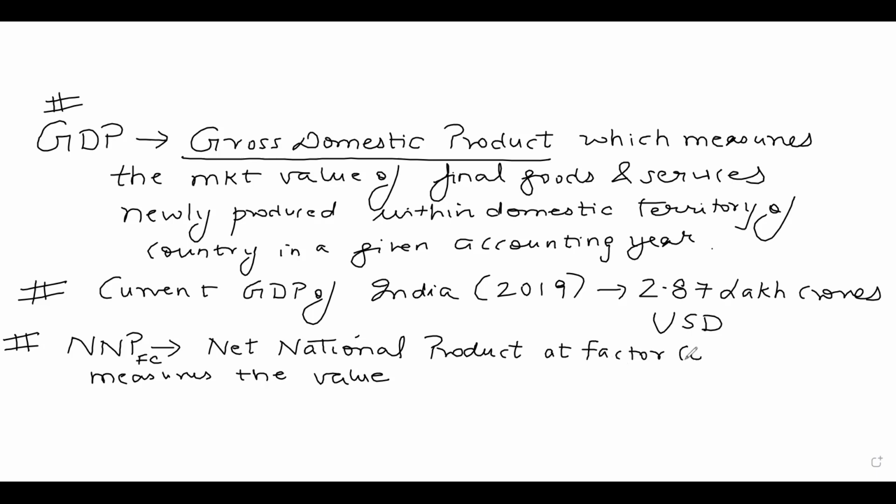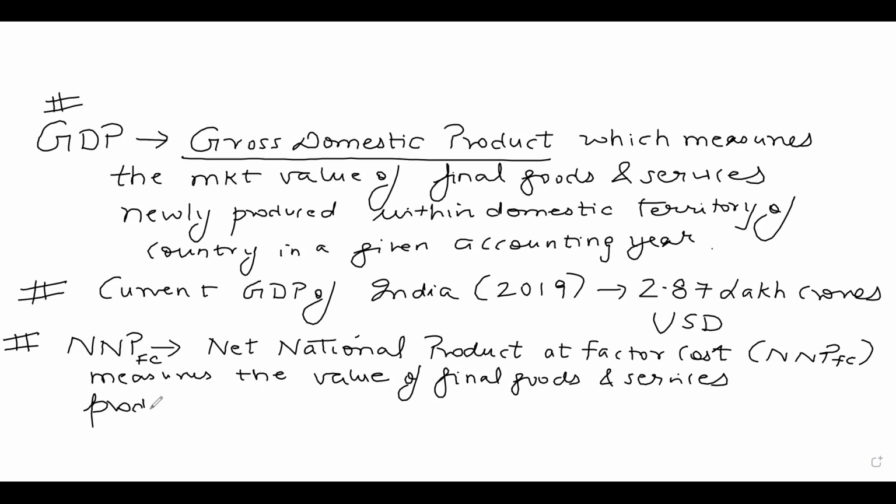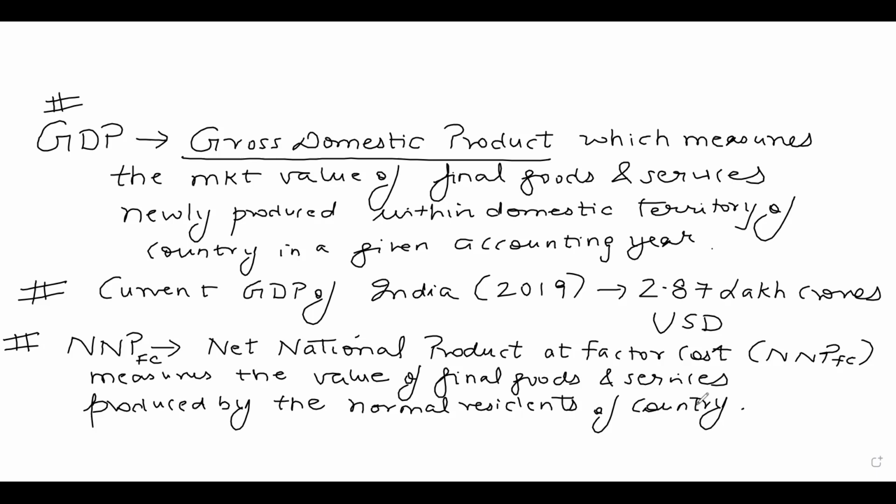Net national product at factor cost, which is captured by NNPFC, measures the value of final goods and services produced by the normal residents of the country. Now, who are the normal residents of the country?